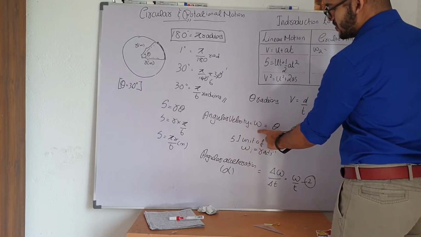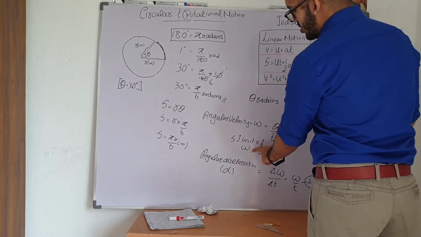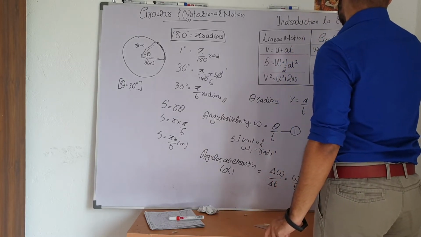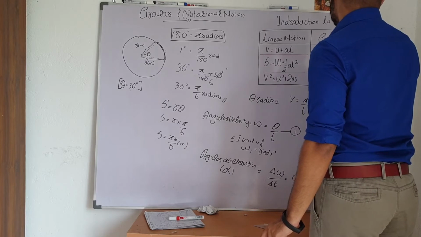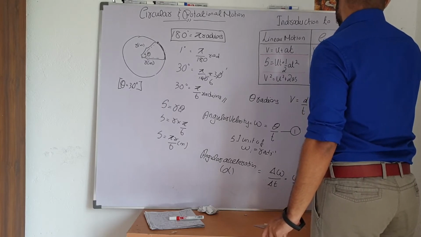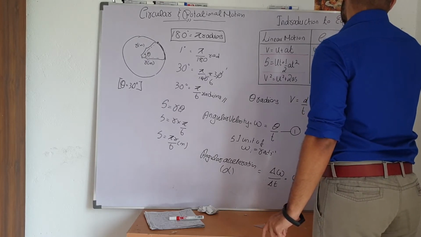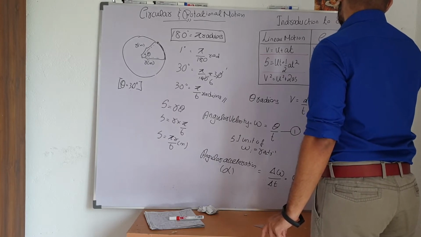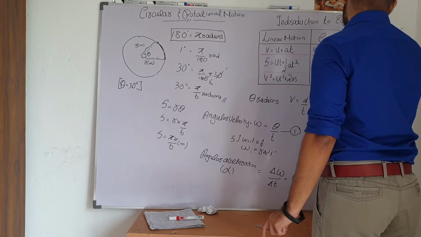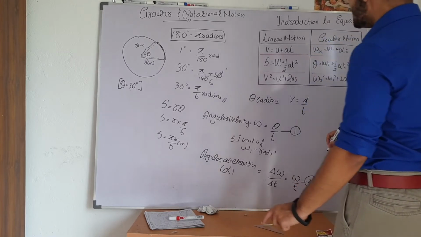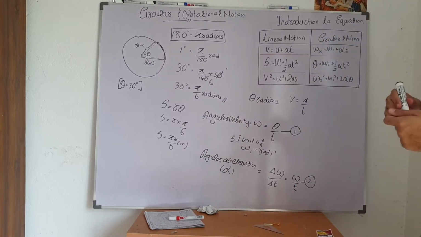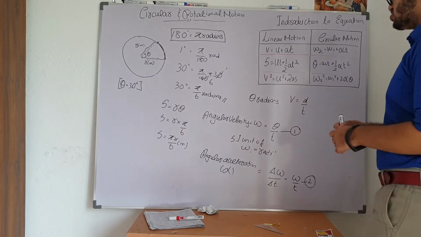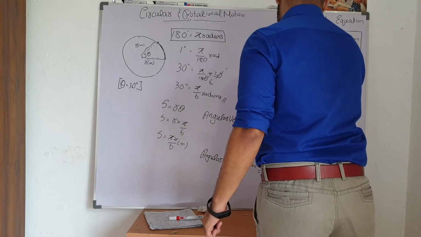You should always remember this is the Greek letter omega. So omega 2 equals omega 1 plus alpha t. Then theta equals omega 1 t plus half alpha t squared. And omega 2 squared is equal to omega 1 squared plus 2 alpha theta. You can clearly see that the displacement is measured in radians, right? We have said always radians. So you should always remember this, theta in radians.